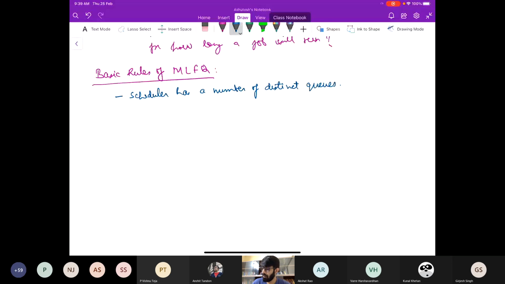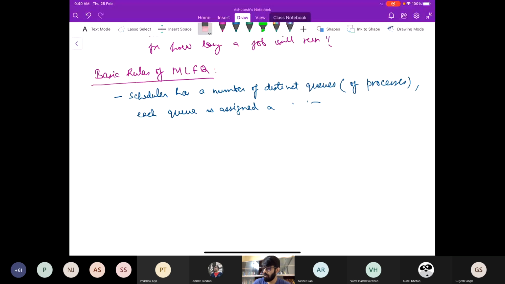And of course, these queues are of ready processes, and each queue is assigned a different priority level. So no two queues have the same priority level.